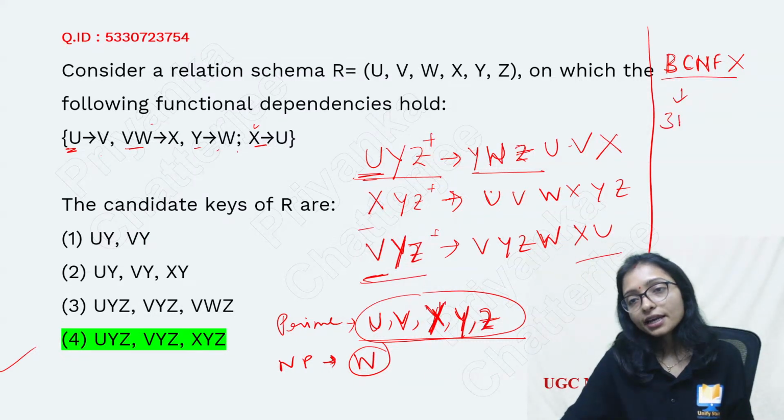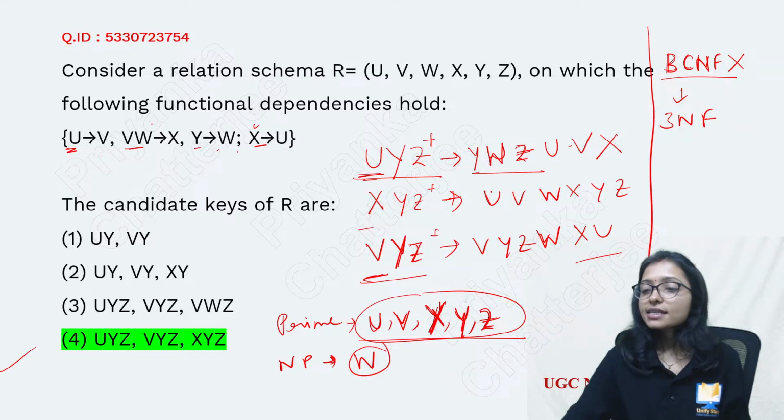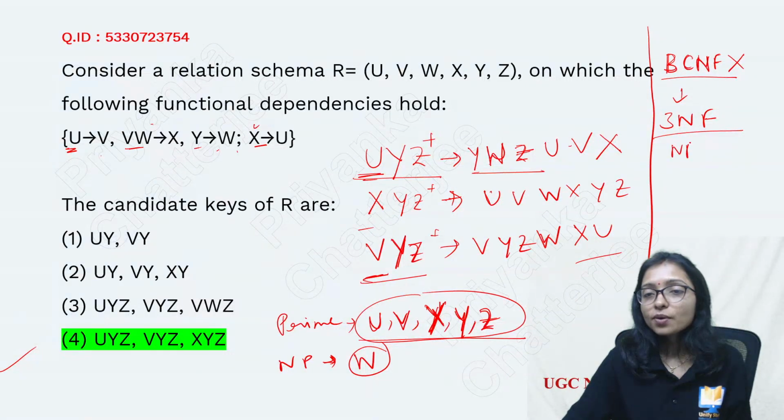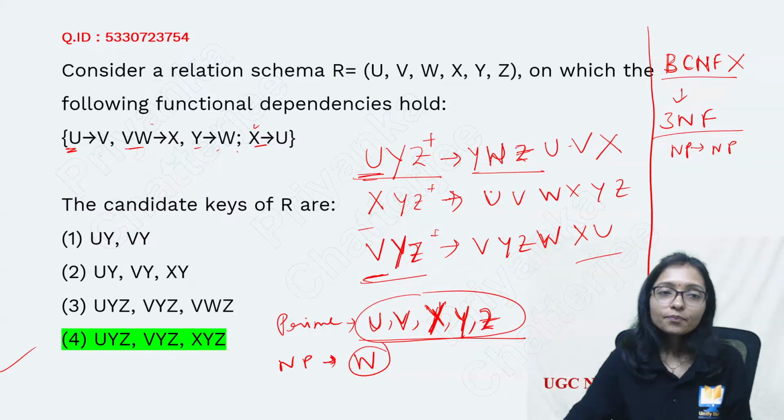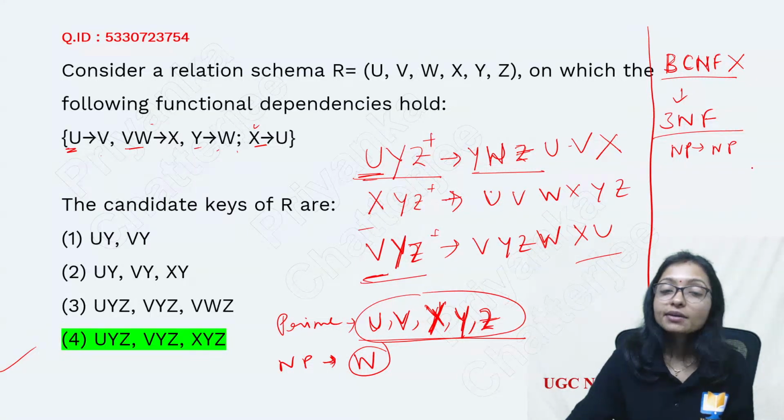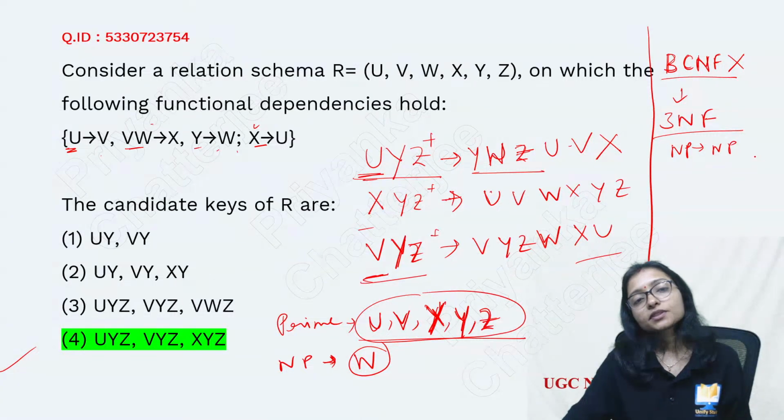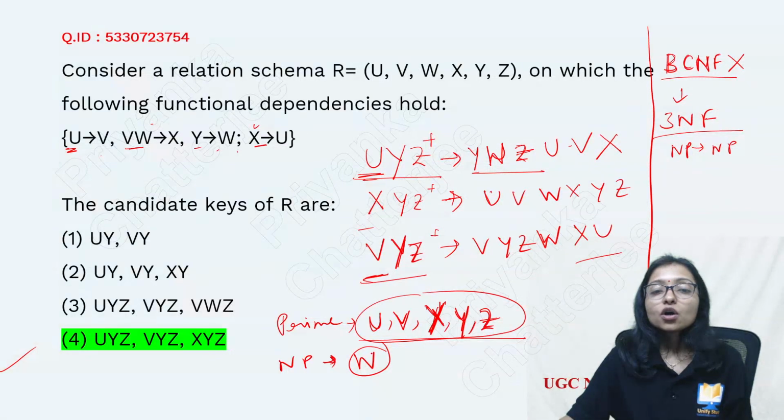Is it in 3NF? In 3NF, transitive dependency is not allowed. That's why I have to check is there any non-prime to non-prime? You can see there is no non-prime to non-prime, because only one non-prime attribute is there.